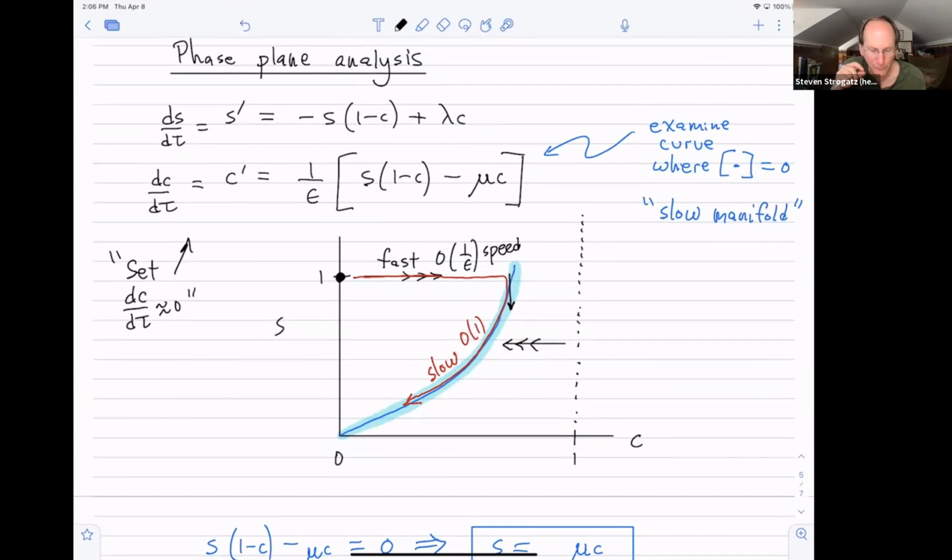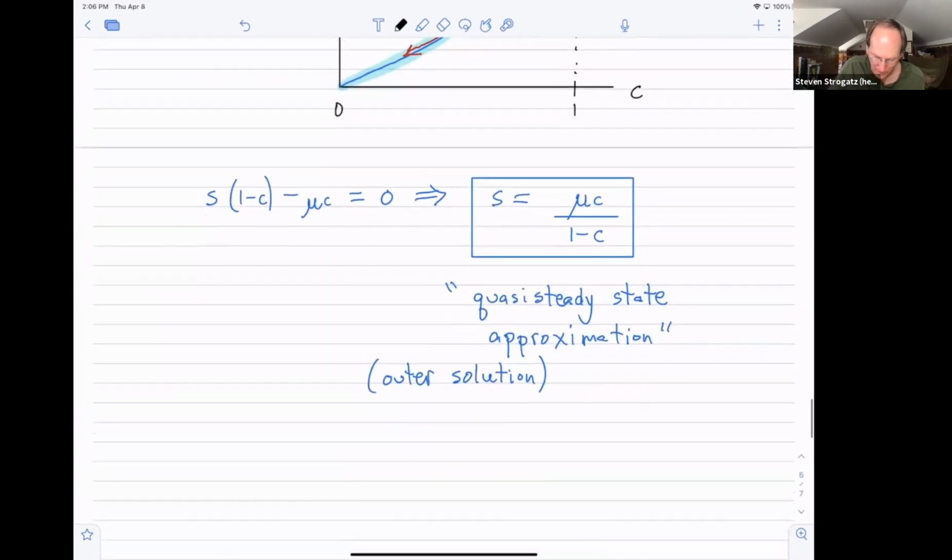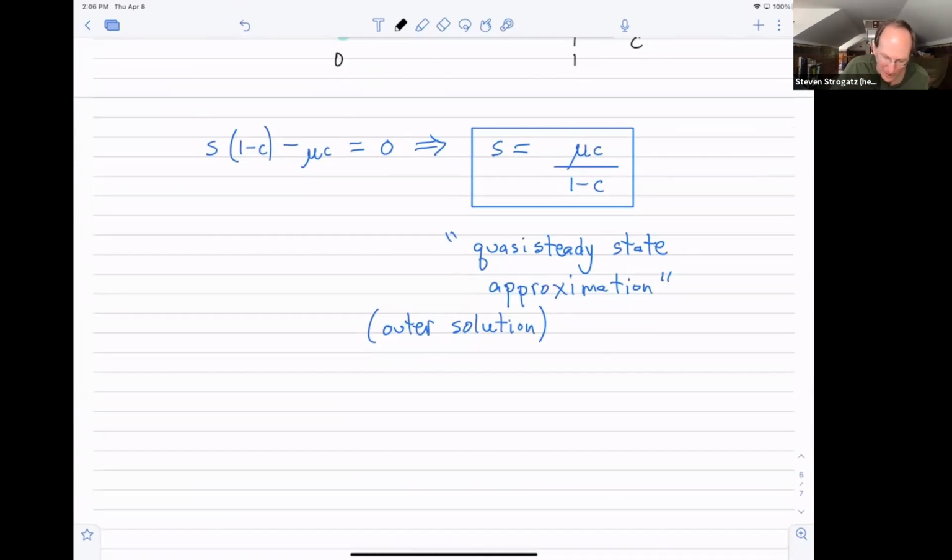It's so clear actually from the phase plane point of view. Maybe what I'll do is look at the inner solution, because that part is the slightly more mysterious part. Let me just look at what's happening in the inner region.